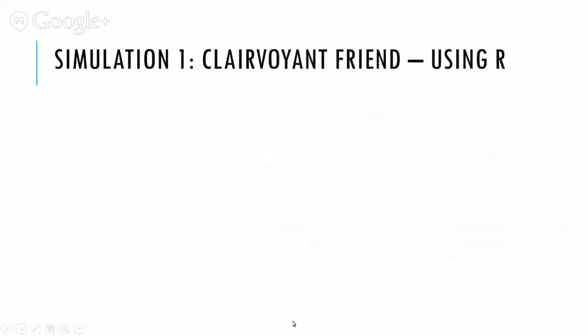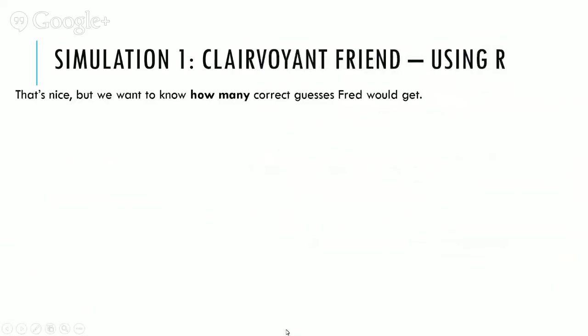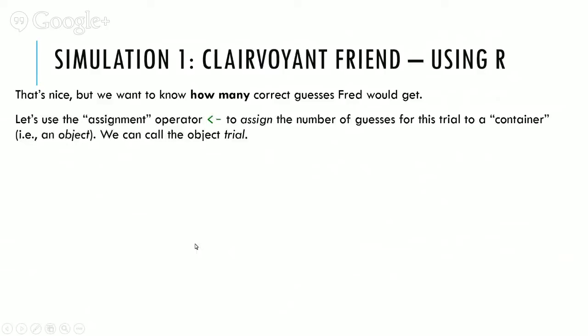Okay, so we don't want to know how many correct guesses Fred would get one time. We know how many correct guesses he might get in like 10,000 alternate universes. If he's randomly guessing, what are the possibilities for random guesses? So we use this thing called the assignment operator. It looks like a left-facing arrow. It basically says put the stuff on the right of this arrow into the stuff on the left. So we type up a name of a new object.